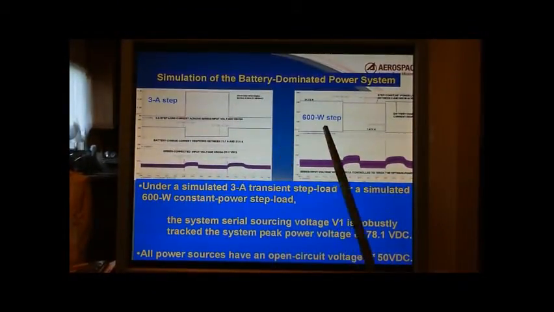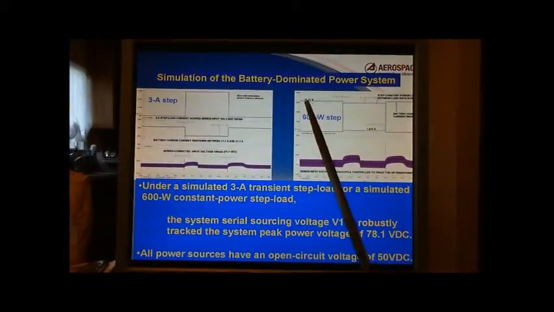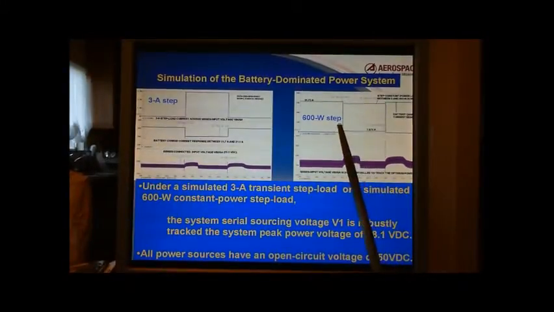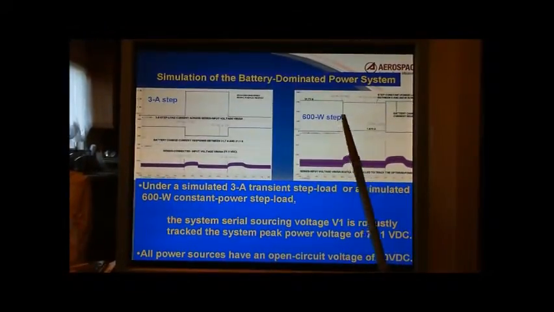This battery current change from 31.7 to 1.4 amp happens because of the 600 watt step load.